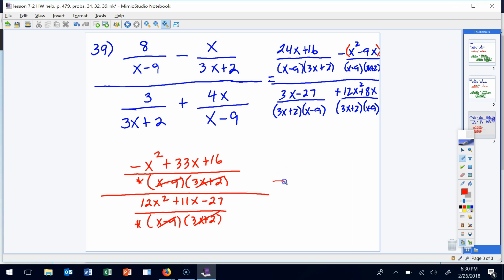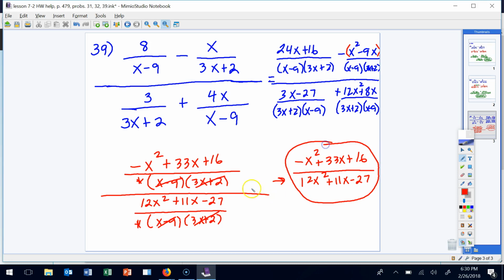And so my final answer is going to be negative x squared plus 33x plus 16 over this other numerator from the bottom part of the complex fraction, 12x squared plus 11x minus 27. And there you have it. So pretty easy, pretty nice when the LCDs are the same in both the top and the bottom, comparing the top half of the complex fraction to the bottom half.